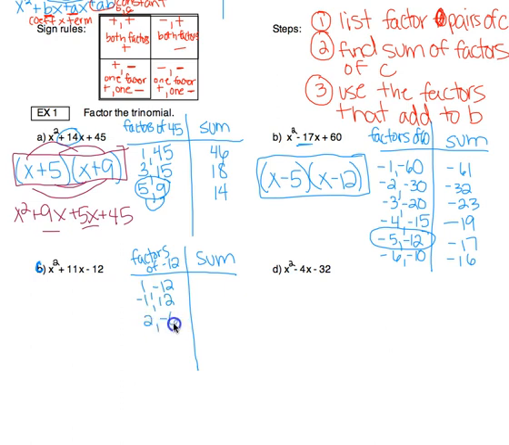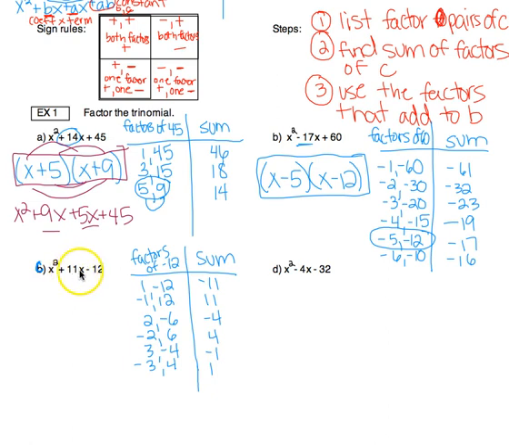So 2 and negative 6, or negative 2, positive 6. 3 and negative 4, or negative 3, positive 4. And I'm back around to the other side already. So this gives me negative 11. This gives me positive 11. This gives me negative 4. This gives me positive 4. Negative 1 and positive 1.